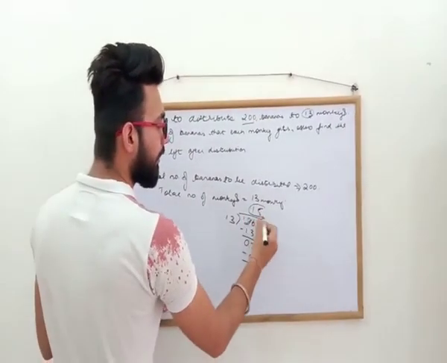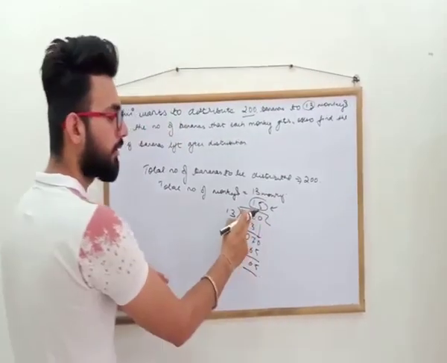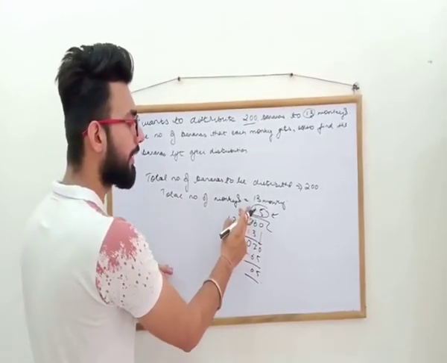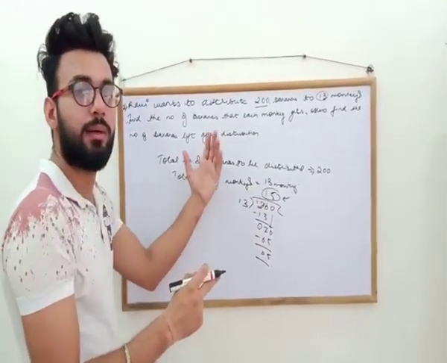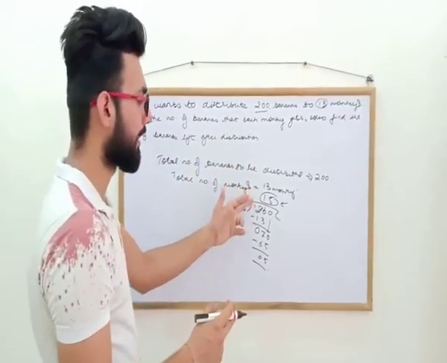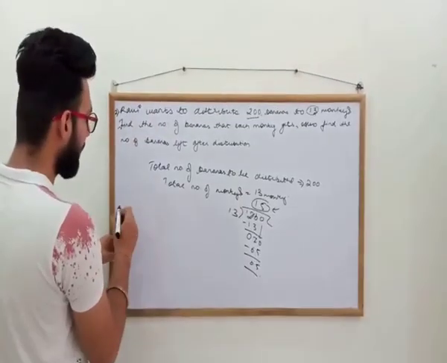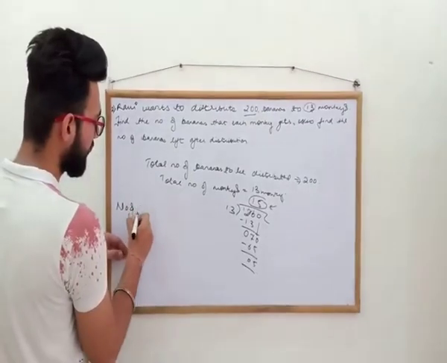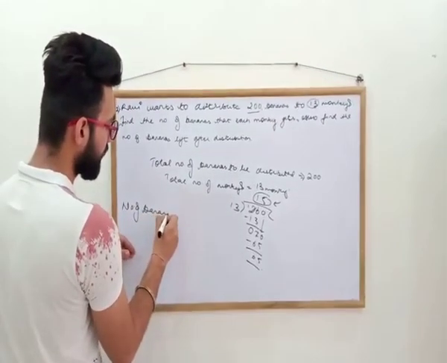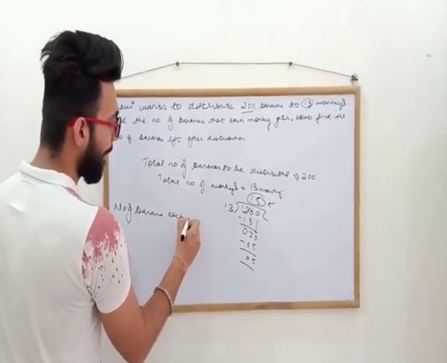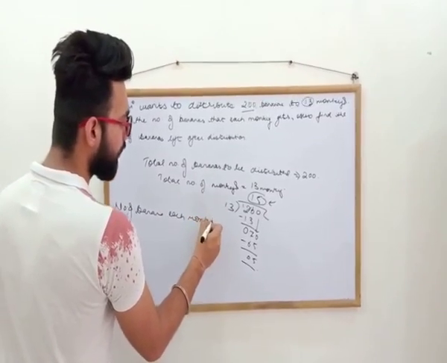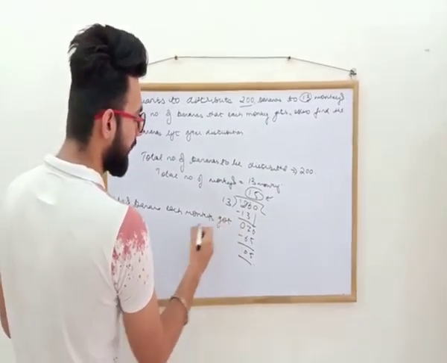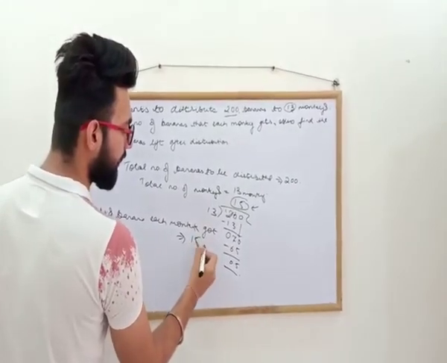Okay. So we can see that the quotient is the number that each monkey is getting. This is the number of bananas. So number of bananas each monkey got is 15.